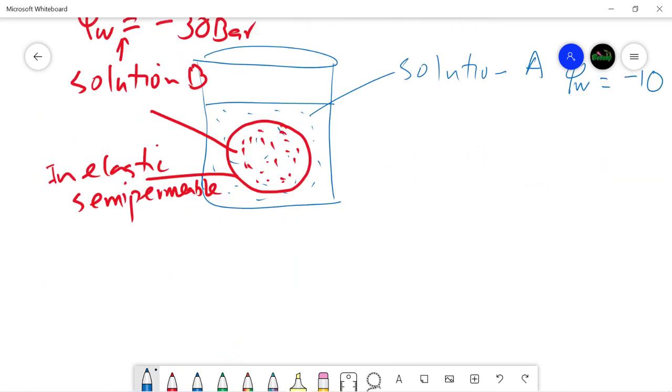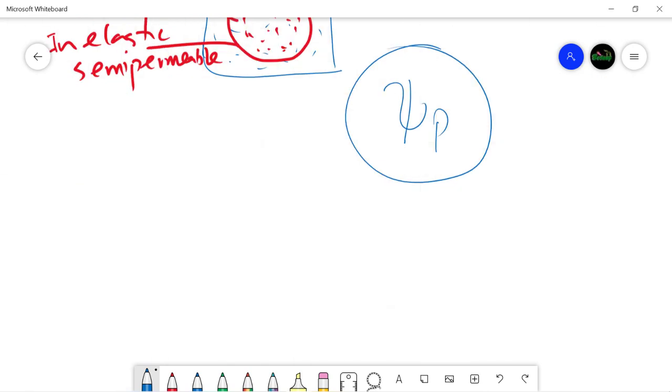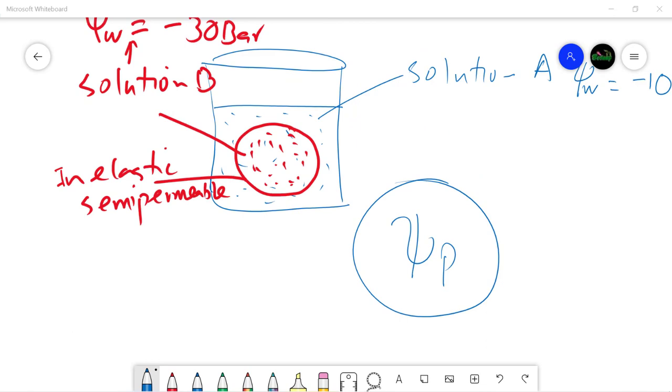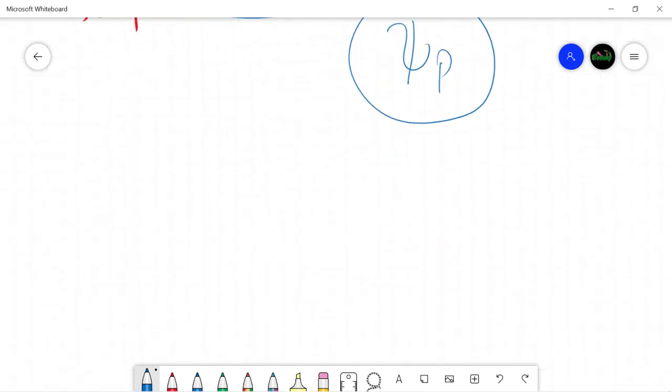Before going further, let's talk about psi P, the pressure potential. Pressure potential is actual or positive pressure that develops, especially when the solution is confined and the confined solution is subjected to osmosis.